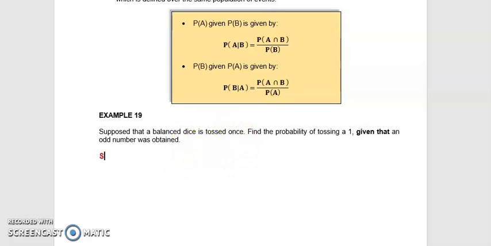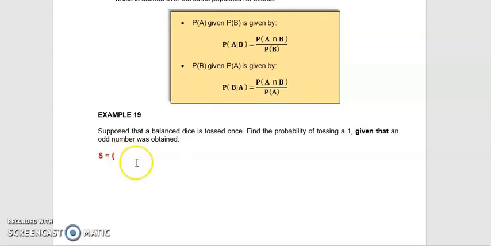Okay, first we list the sample space, or all possible outcomes based on this experiment. So here we can write S, which is the sample space. Either we get number 1 or 2 or 3 or 4 or 5 or 6. Okay, so that is the sample space for this experiment. Now we define the events.